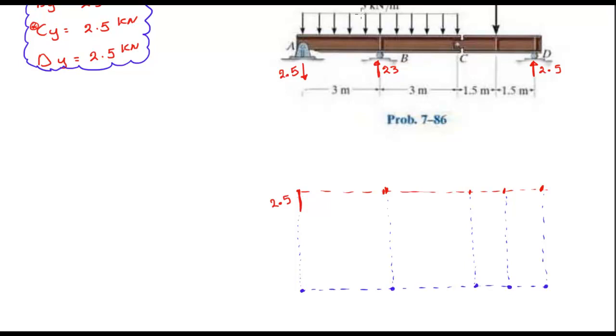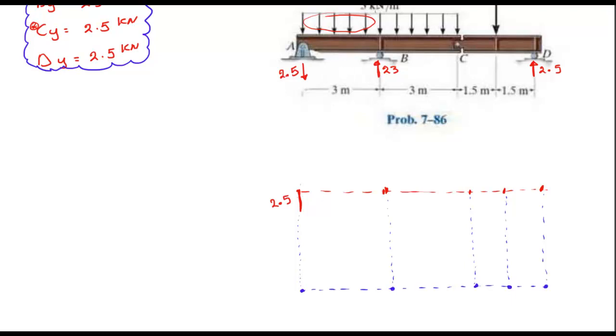I notice that between A and B, I have a distributed load that goes down 3 kilonewtons per meter. How many meters from A to B? It's 3. So 3 kilonewtons per meter over 3 meters, the total is, you guessed it, 9.